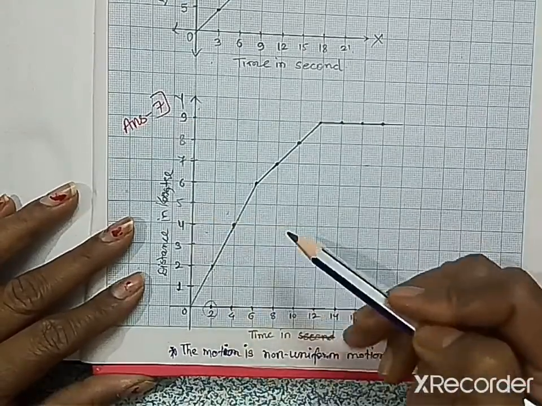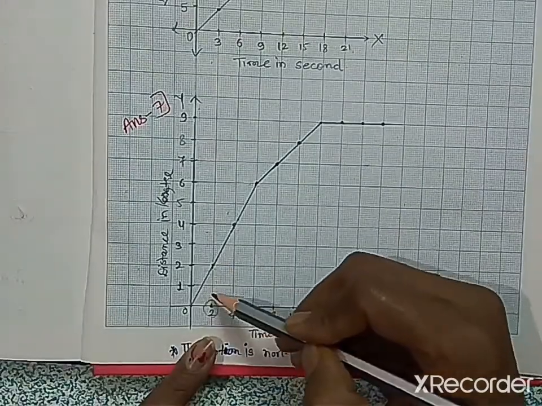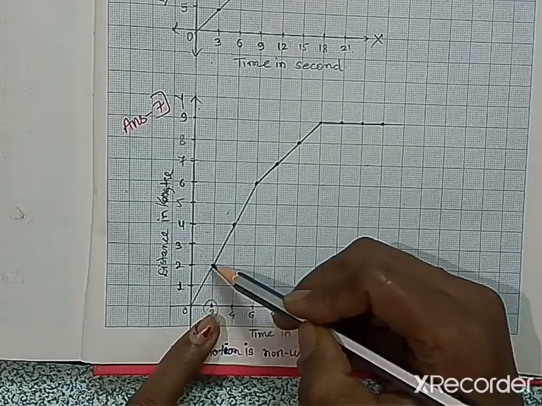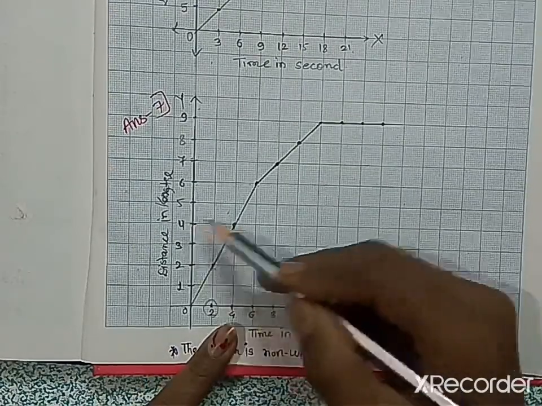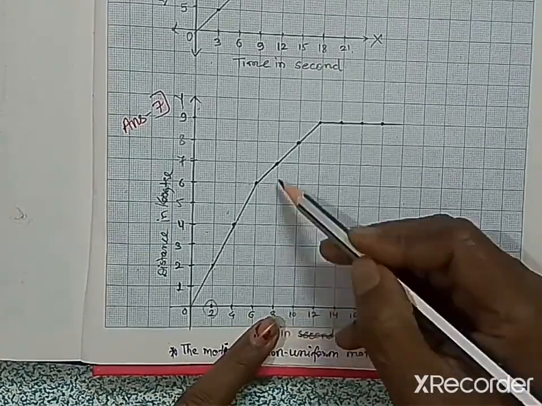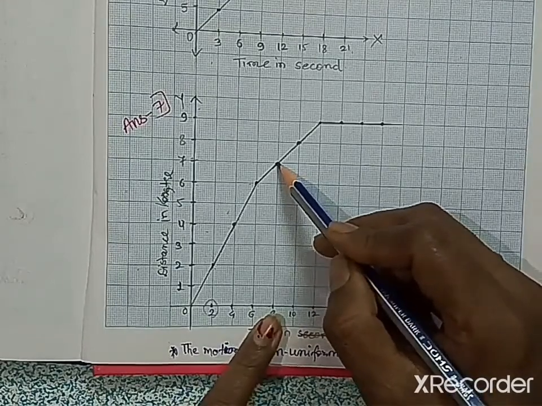So from the table we have plotted this graph. At 2 minutes it is 2 kilometers, 4 minutes 4 kilometers, 6th minute 6 kilometers, then at 8 minutes it is covering 7 kilometers.